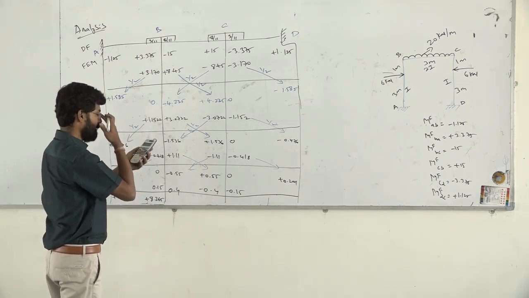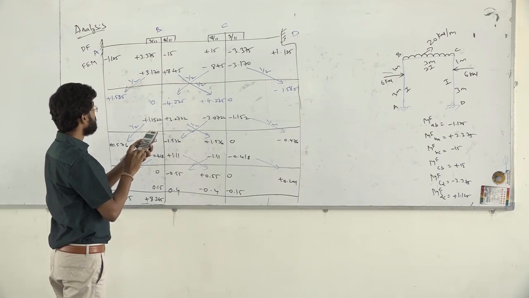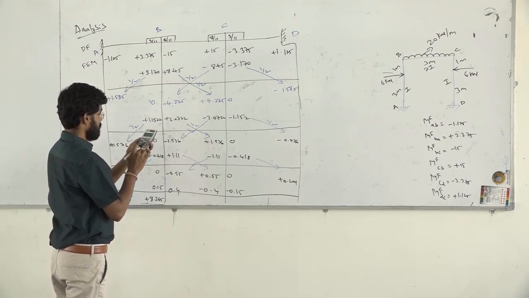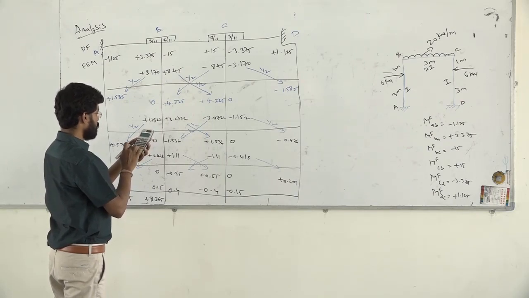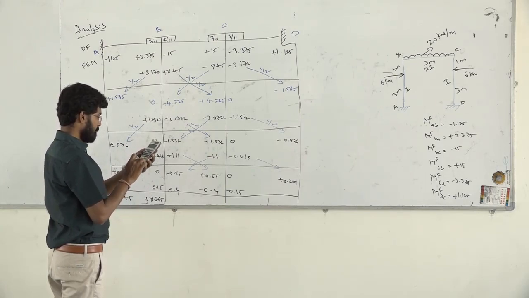Now similarly here, we have minus 15, plus 8.45 minus 4.225 plus 3.0722 minus 1.536 plus 1.11 minus 0.55 plus 0.4.